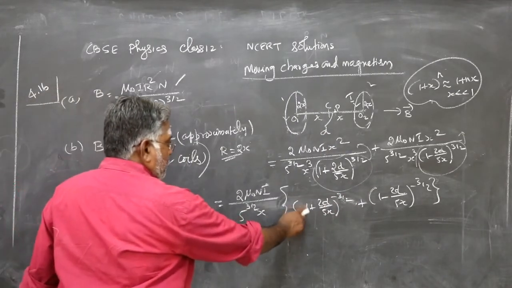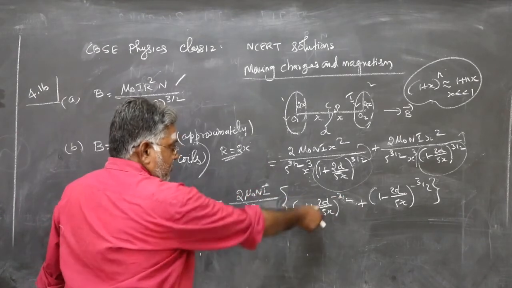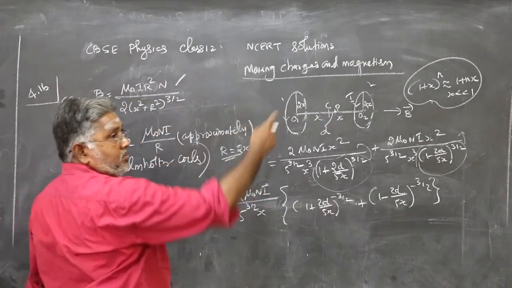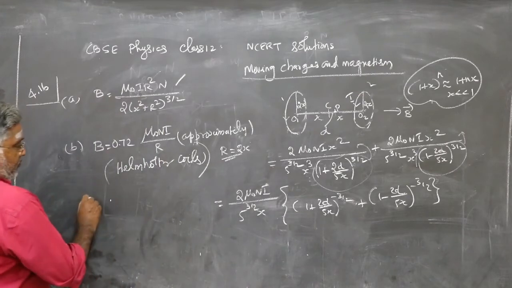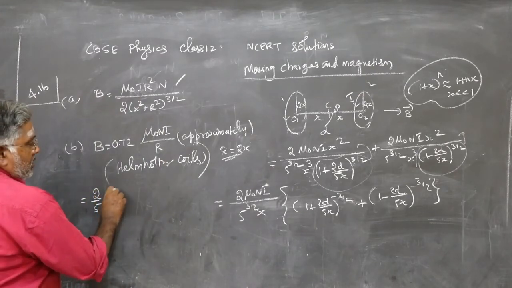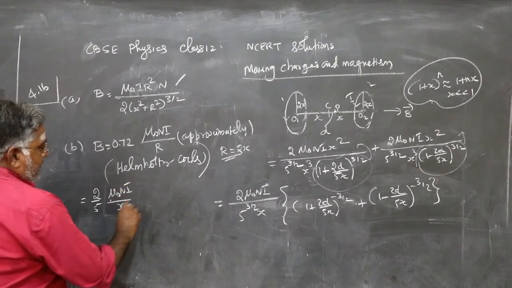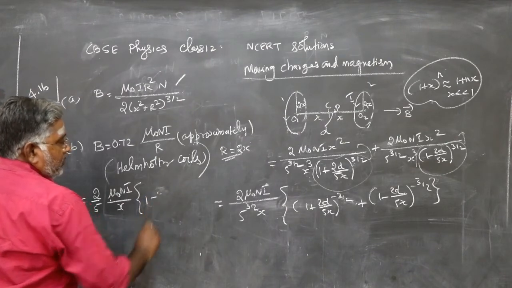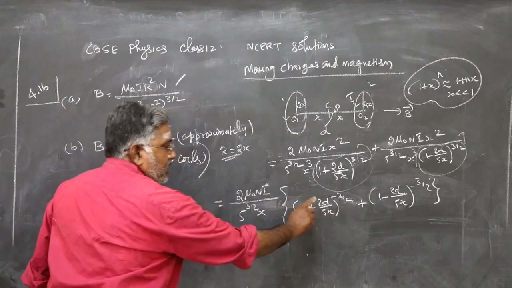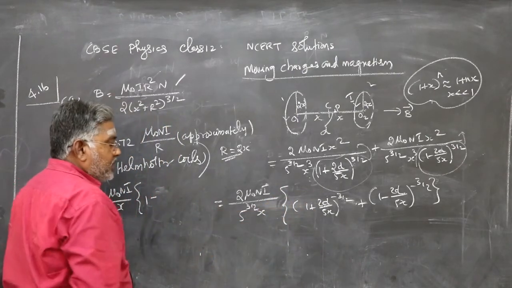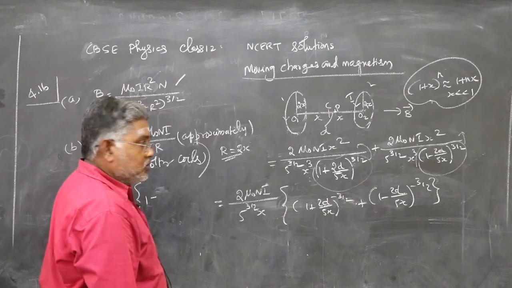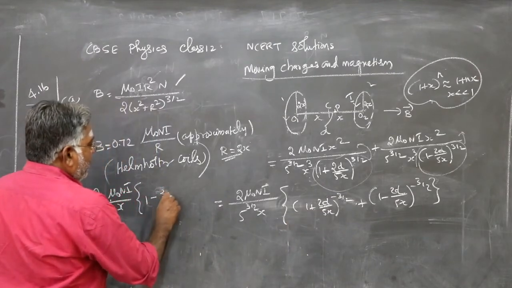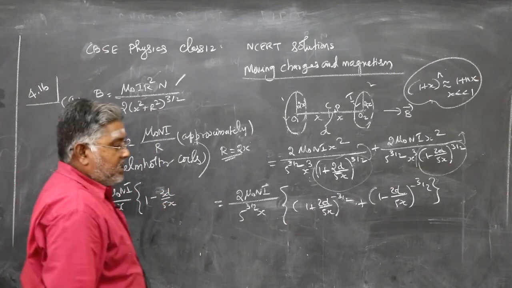Use binomial approximation, 1 plus this, power 2d by 5x power minus 3 by 2. Use that binomial approximation. So you have 2 by 5 mu naught ni by x. This will be 1 minus 2d by 5x into 3 by 2 into minus 3 by 2, minus. I already wrote 2d by 5x into 3 by 2, so 3d by 5x after applying the binomial approximation.